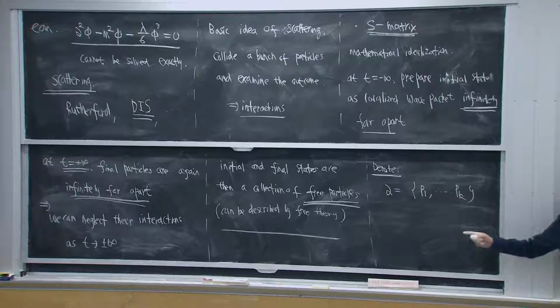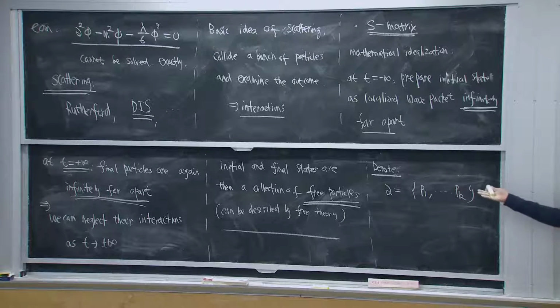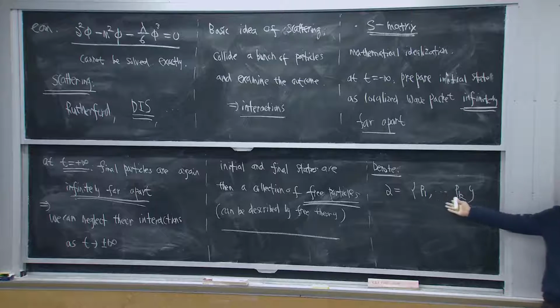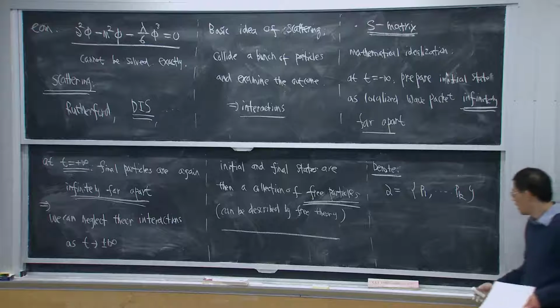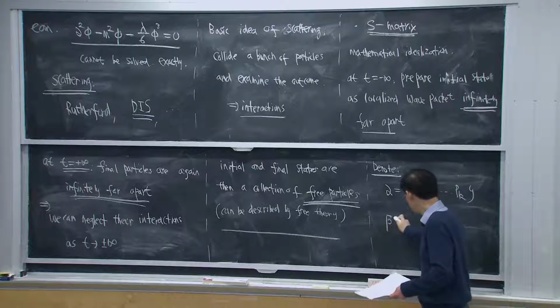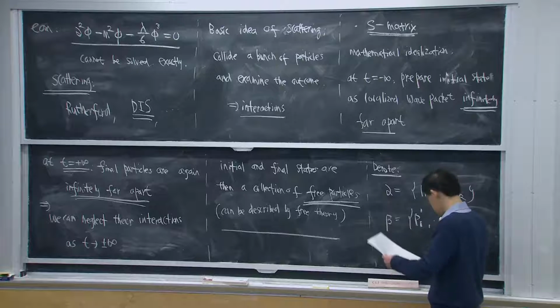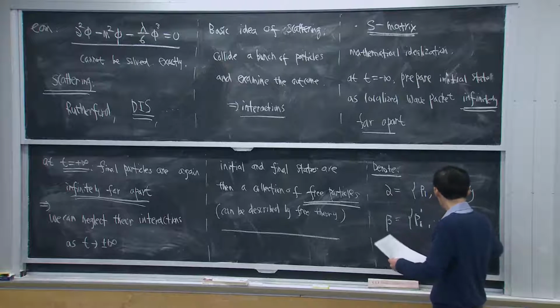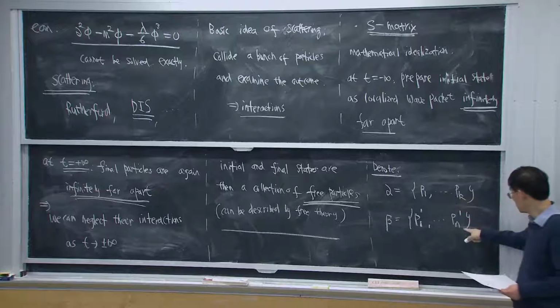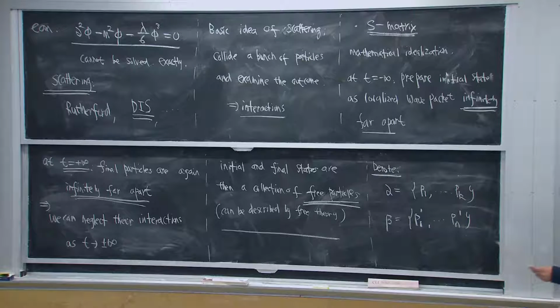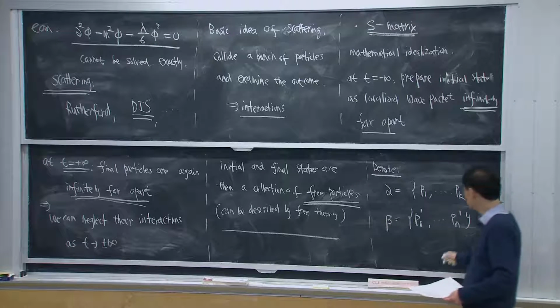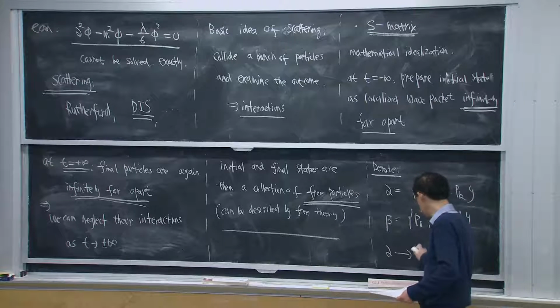Because we're talking about scalar particles, they don't have spin, so the momenta are their only quantum numbers. And I use beta to describe their final momenta, P1 prime up to Pn prime. The initial number of particles and final number of particles don't have to be the same. Then the scattering process is just to go from alpha to beta.